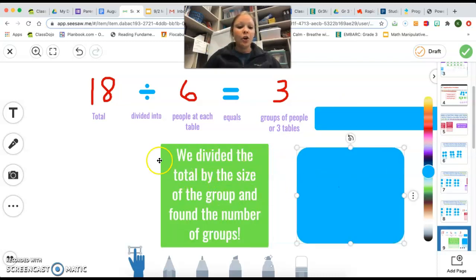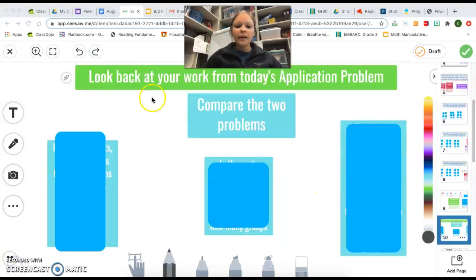We divided the total by the size of the group and found the number of groups we needed, which was 3 tables. Great job.